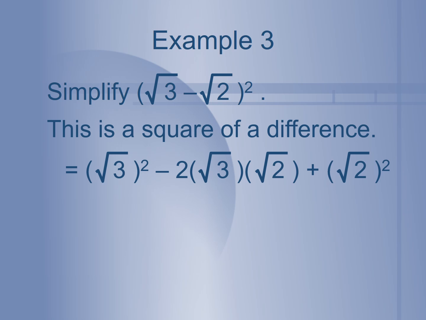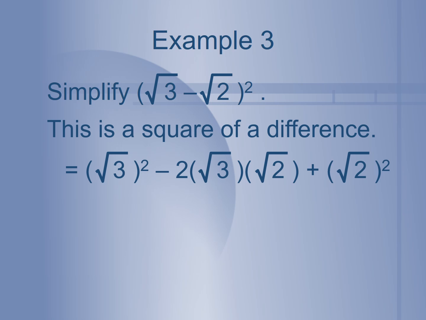Now, if you don't remember the formula for square of a difference, that's okay. You can just multiply the square root of 3 minus the square root of 2 times the square root of 3 minus the square root of 2, and either do the FOIL method or the box method.